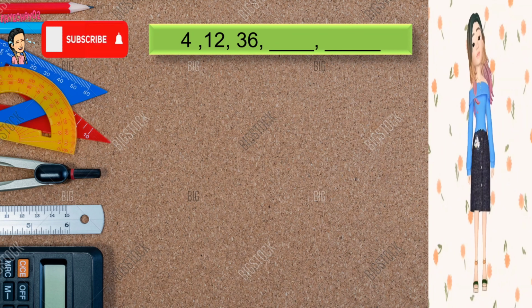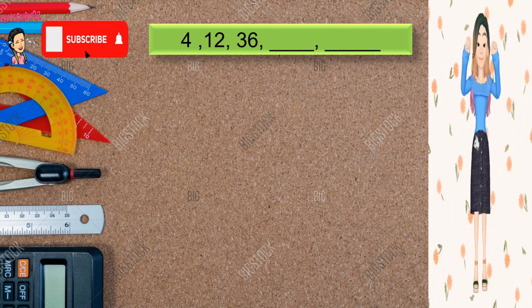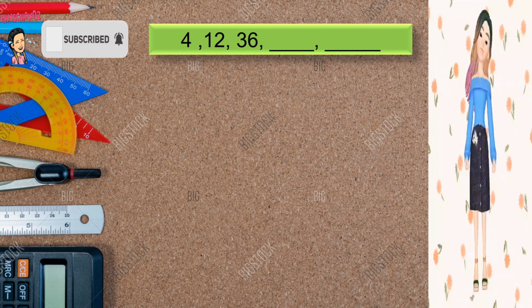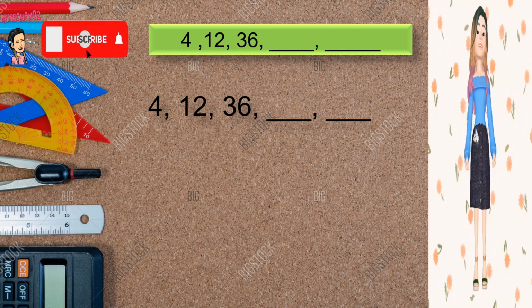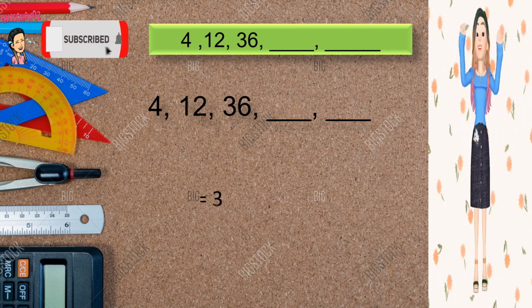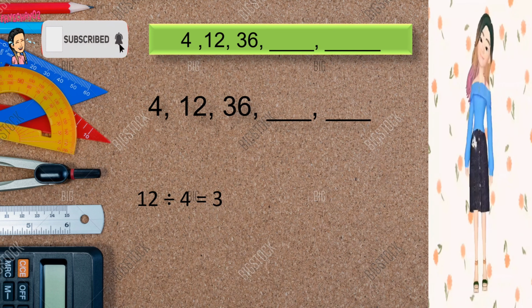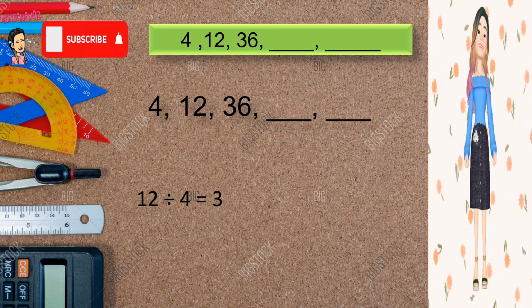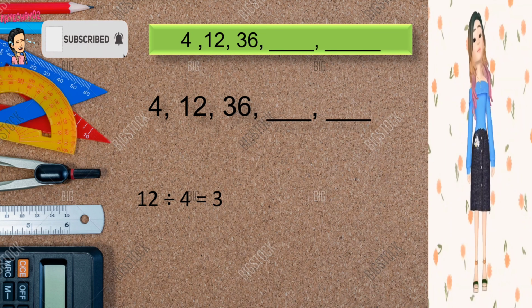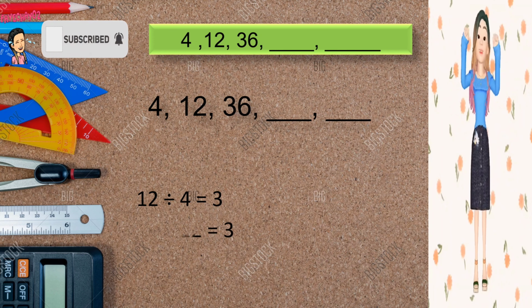Okay, another set of number sequence, 4, 12, 36, and the missing terms are the fourth term and the fifth term. So, let us try to divide the second term by the first term. So, 12 divided by 4 is equal to 3, and the third term by the second term.